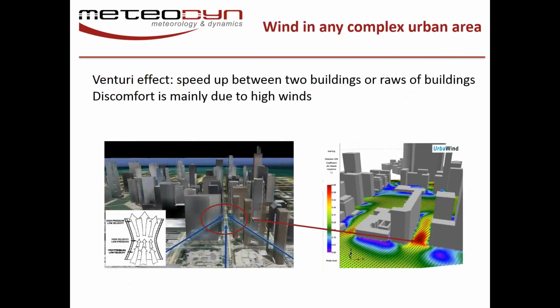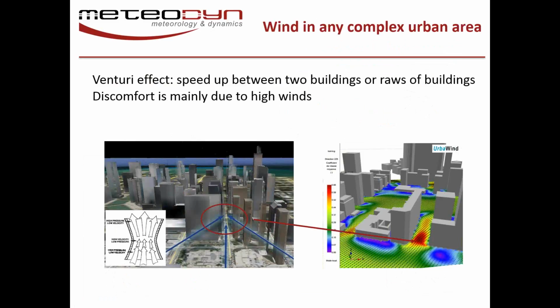In urban areas, there are lots of aerodynamic effects due to the aerodynamic interaction between wind and buildings. The main effect is named Venturi effect. It's due to speed up between two buildings or rows of buildings.